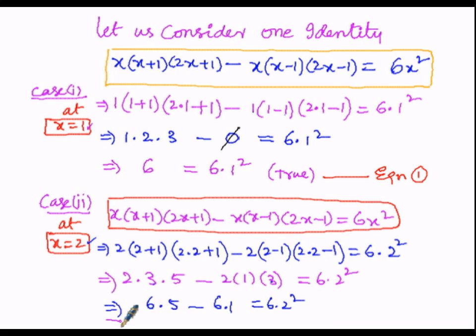So that implies 6 is taken out as common. Then 6 into 5 minus 1 is 4, equals 6 into 2 square.